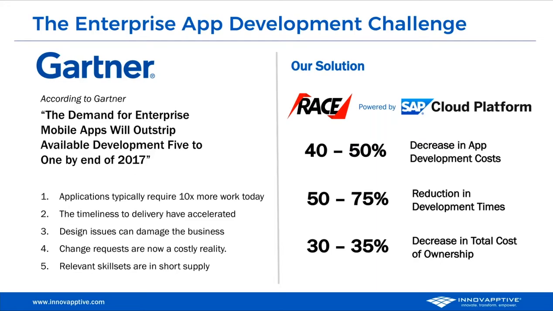So with Race, most of our customers, these are the kind of numbers that they're experiencing: 40 to 50% reduction in the application development cost, about a 50% reduction in development timelines because the config-only pre-built solution model helps them accelerate the development and the deployment of these solutions. And finally, a lower total cost of ownership. So this translates into a faster return on investment to your business users.